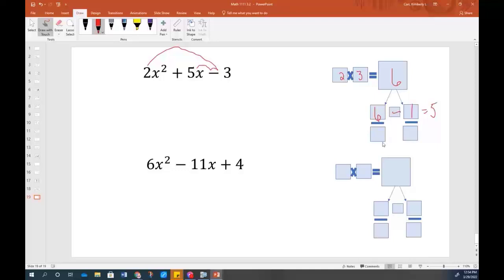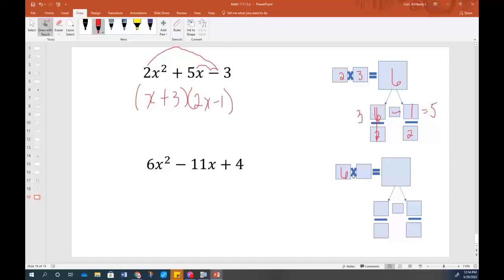I started with the leading coefficient of 2. I need to finish with that coefficient. Reduce the part that reduces, so this first one just becomes 3. So I have x plus 3. And now for the bottom one, swing the bottom number up to the front. So you have 2x minus 1. And that's factored.